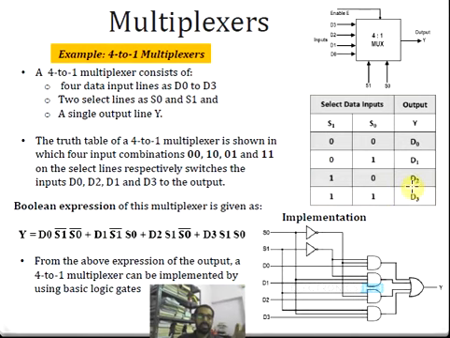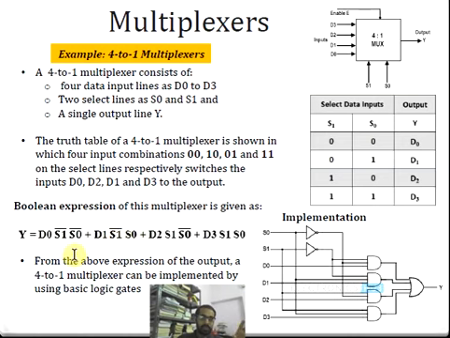So this is how we design this 4 to 1 multiplexer, and the corresponding Boolean expression can be constructed from this truth table. It is given as Y is equal to D0 S1 bar S0 bar, and so on. When S1 and S0 are 0, these two terms will be high and D0 will be transmitted. All other terms will be 0.